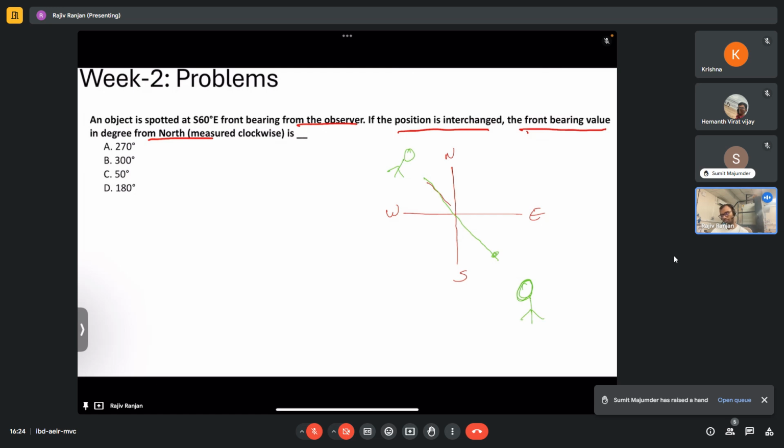Suppose you are looking at an object which is seen at south 60 degrees. See, this is 60 degrees, and this is 60 degrees. Now if the position is interchanged, how will it appear?